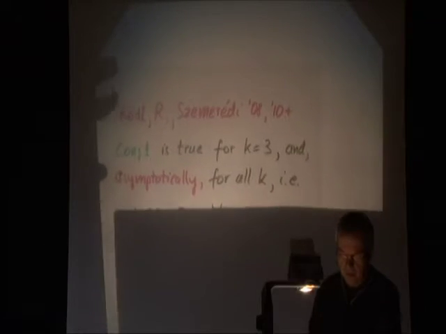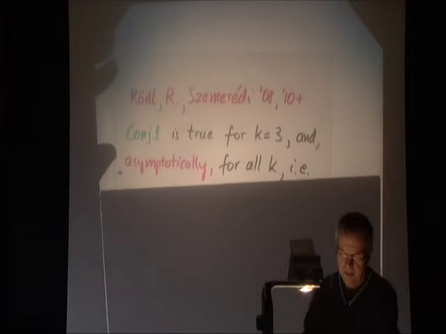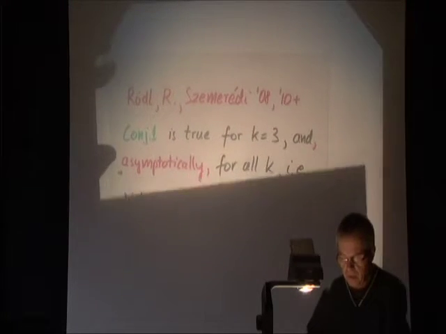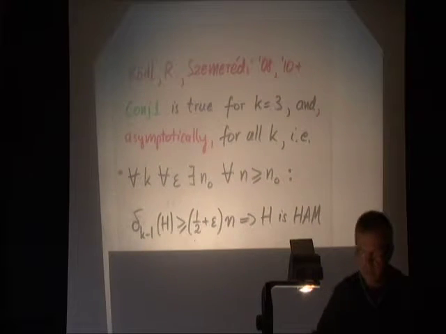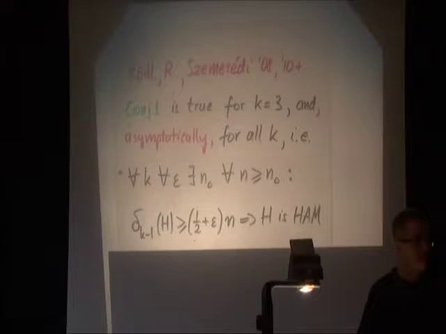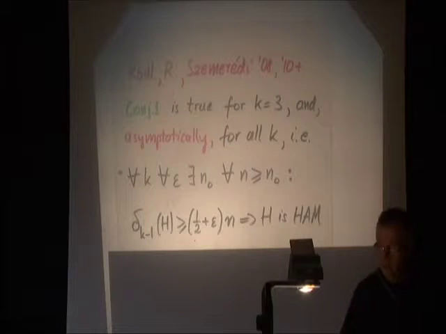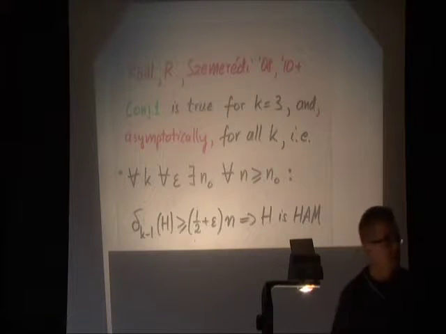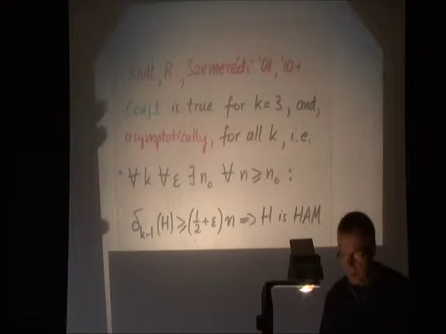And then with Rodl and Szemeredi, we proved this conjecture for k equal to 3 precisely and for all k asymptotically. And by asymptotically, I mean that we prove that for every k and every epsilon, from some n0 on, if this minimum degree of (k-1)-tuples is at least a half plus epsilon, then you have a Hamilton cycle.